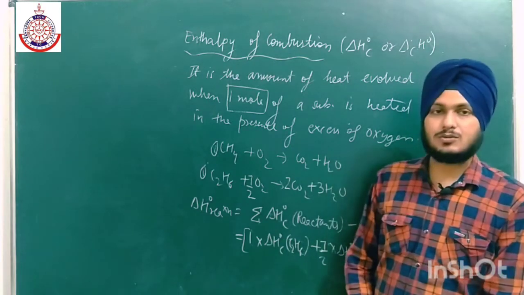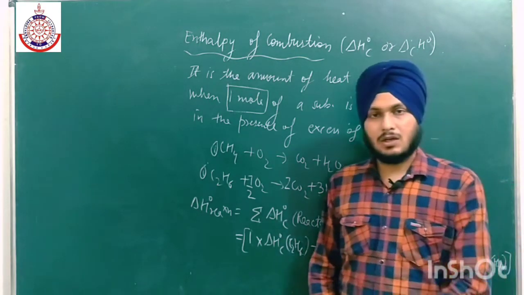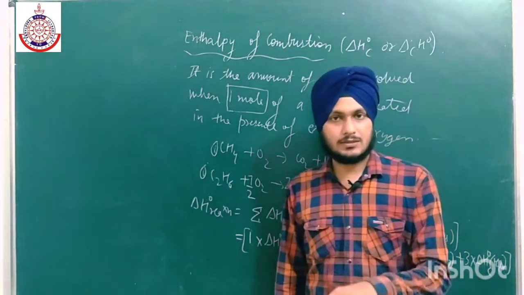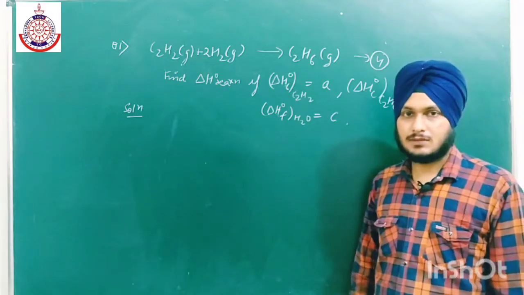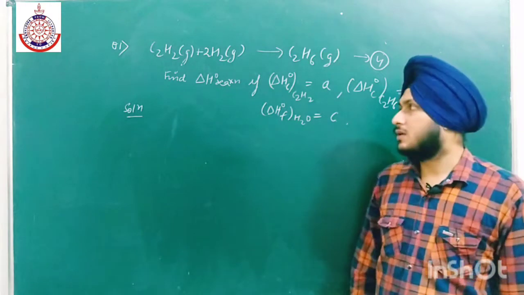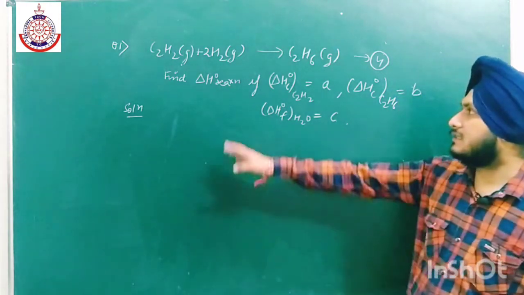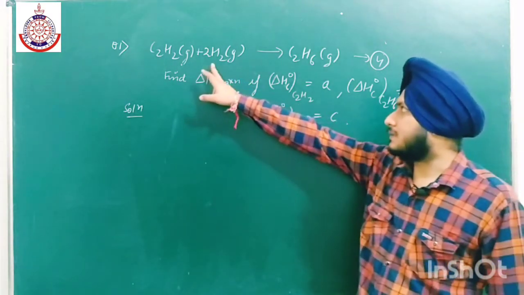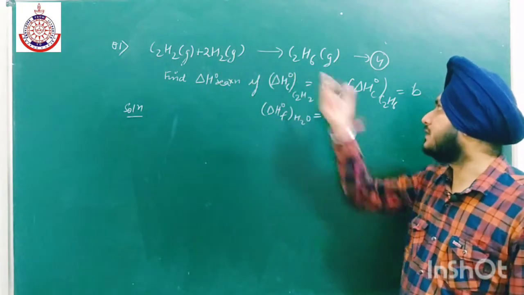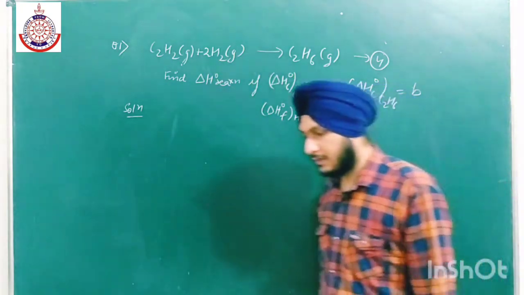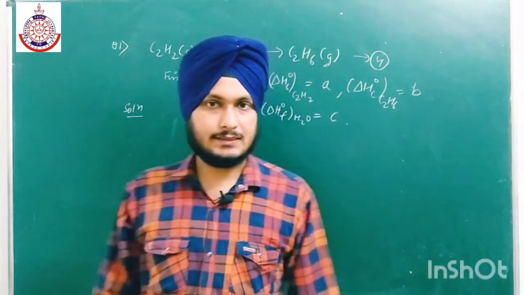Okay, so let us do some numericals related to delta H naught F and delta H naught C. So let's do this problem. A reaction is given to us: C2H2 gas plus 2H2 gives C2H6, and we have to find the delta H naught of the reaction.